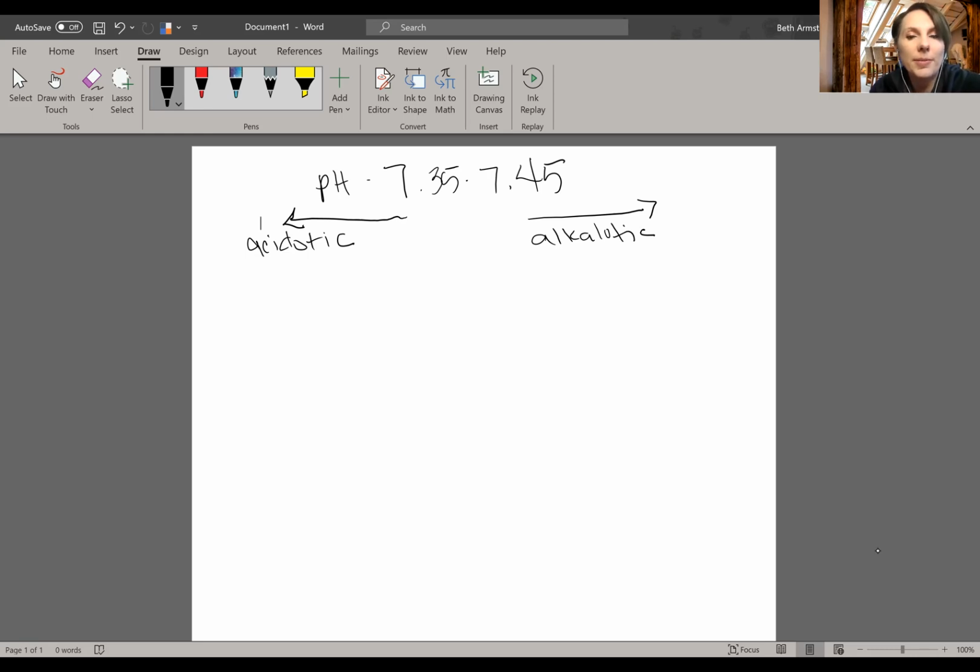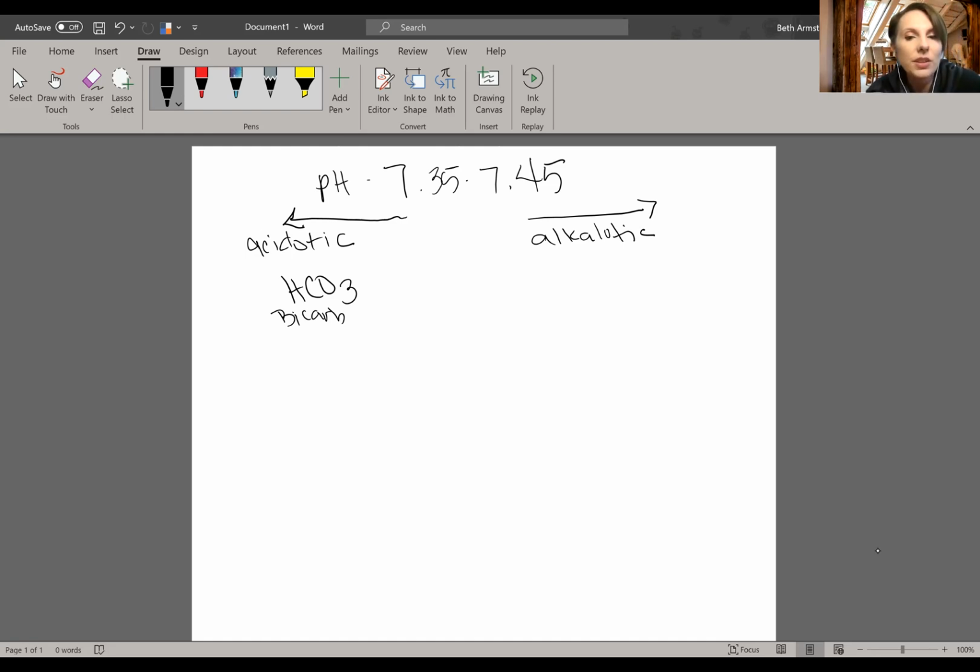The second thing we are going to look at is the animal's HCO3. What is that? It's the bicarbonate. Very good. A lot of people term it as bicarb, but it's the bicarbonate.